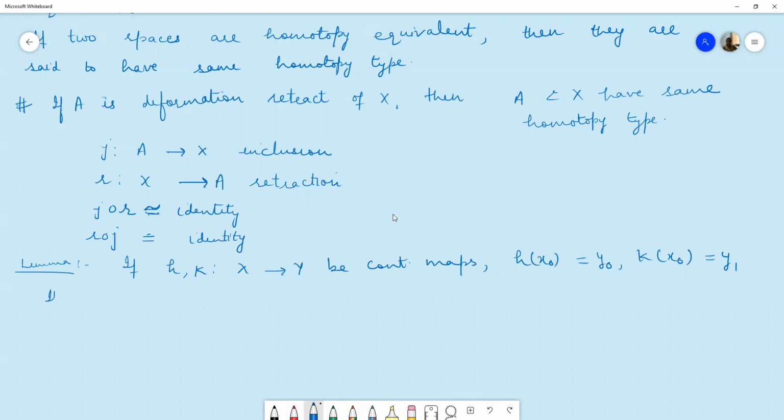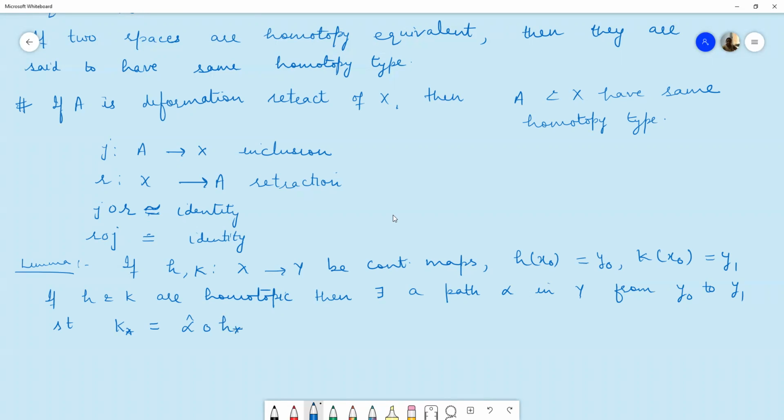And if h and k are homotopic to each other, then we have to prove there is a path alpha in Y from point y0 to y1 such that the homomorphism k star can be written as a composition of alpha cap and h star.